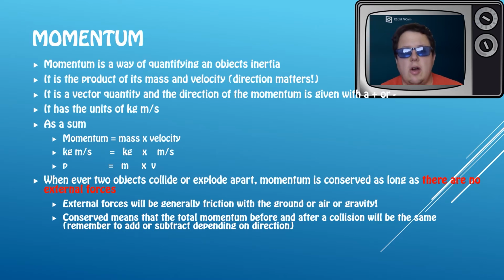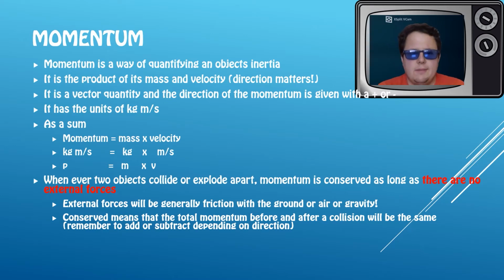If the object is moving in one direction, we'll give it a plus sign. If it's moving in the other direction, we'll give it a minus sign. As it's the product of mass and velocity, its units are kilogram meters per second. The symbol for momentum is this funny p sign, a rho, which unfortunately is the same as we use for density, so take care with that.